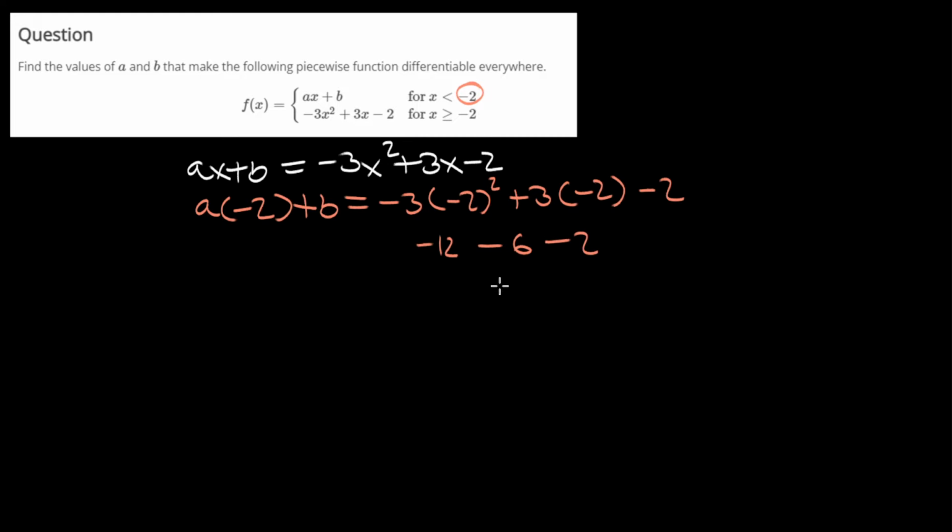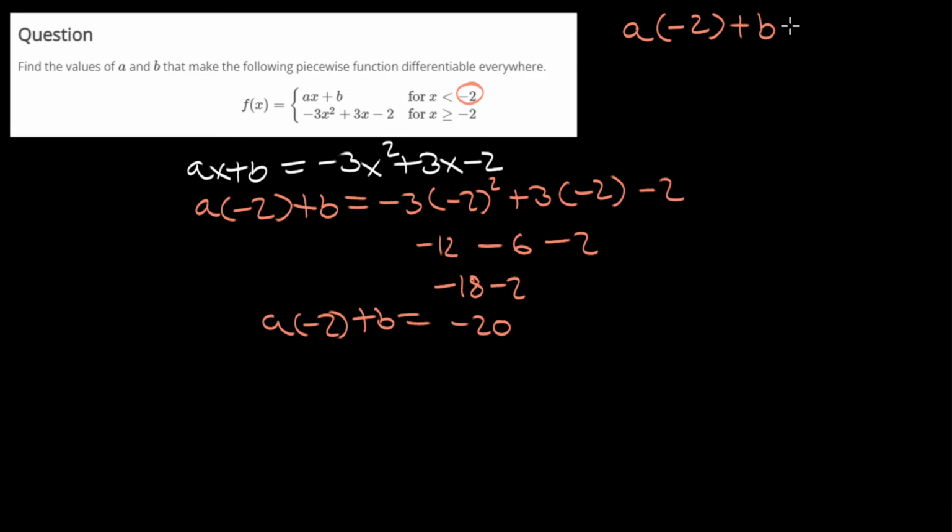So we have -12 minus 6, which would give us -18 minus 2, which would give us -20. And then we know that a times -2 plus b equals -20. So let's write that up here, because we need to use this equation that we created by setting them equal to each other.